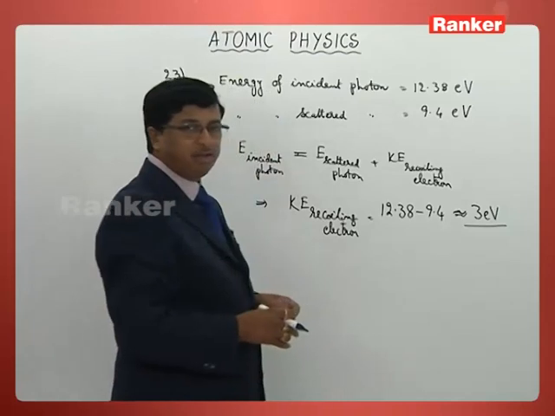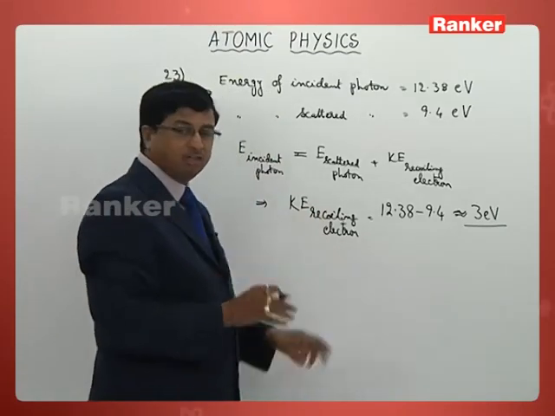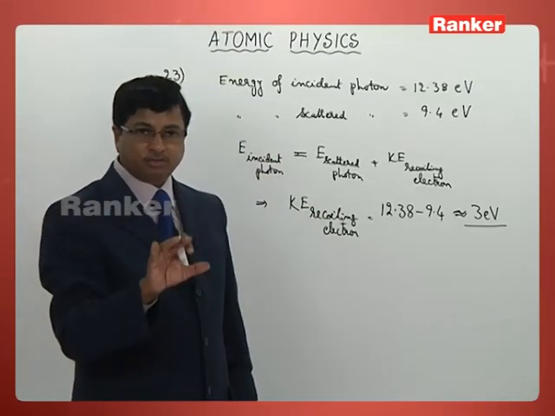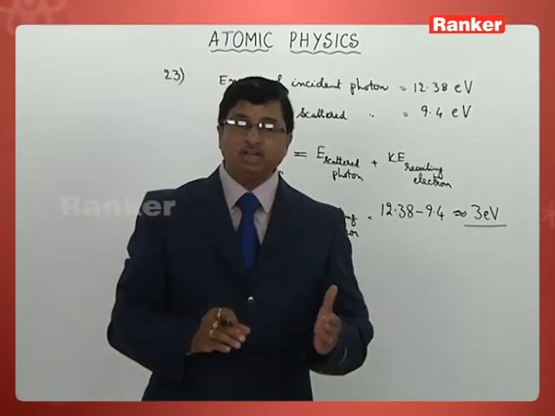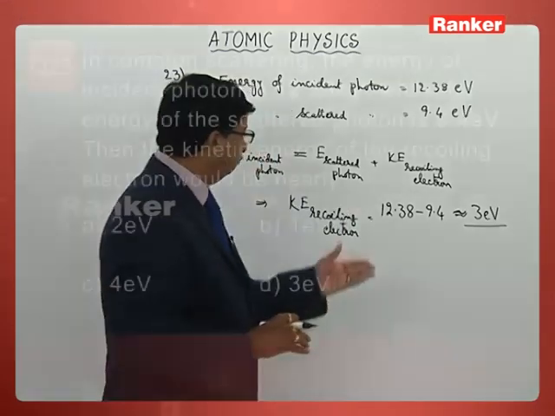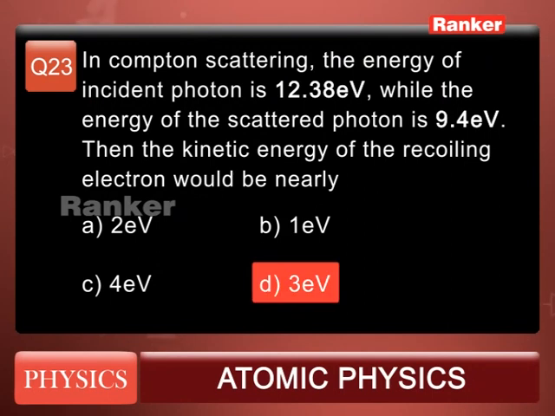So what is the energy of the recoiling electron in this particular case? That is the question he is asking. That value is nearly 3 electron volt, which of course is the fourth option that has been provided in the problem.